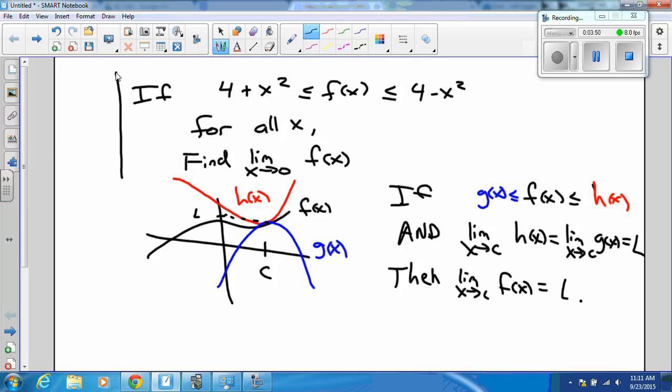But why would it still hold? No, actually, the limit would be equal to L, and the reason for that is that your limit L here would now be what is called a greatest lower bound for the range of h and the least upper bound for the range of g.